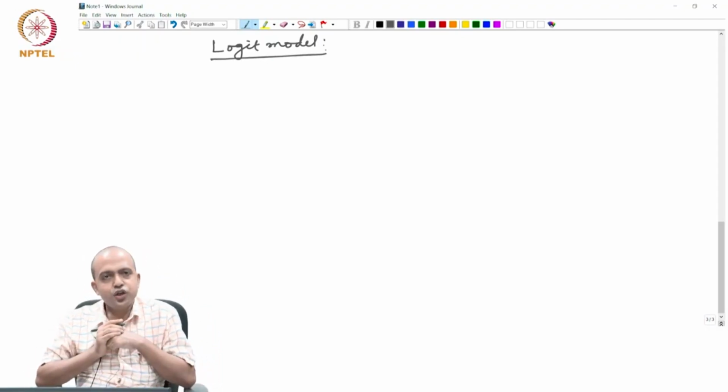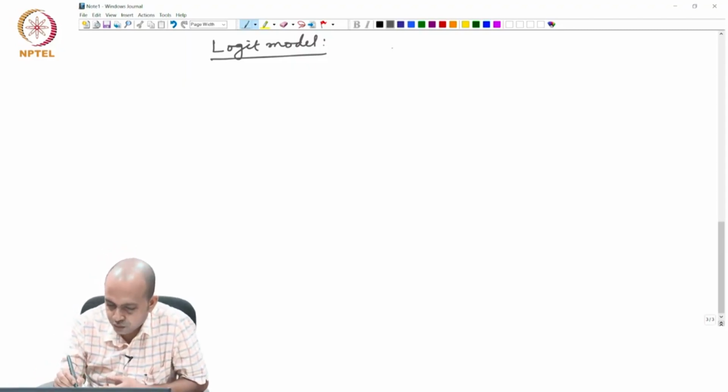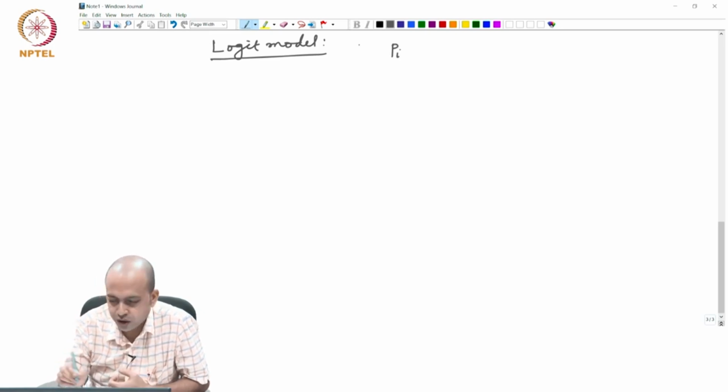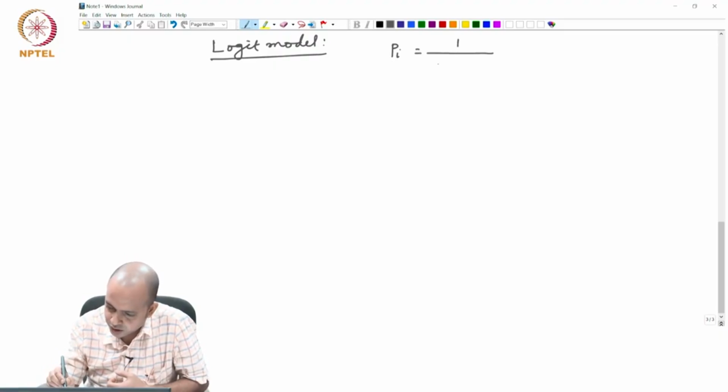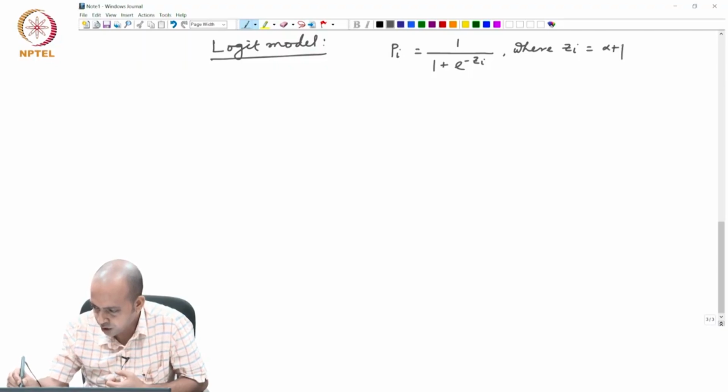So, here instead of assuming probability is a linear function of x, this model assumes that probability pi, which is actually the probability yi takes the value 1, pi equals to 1 by 1 plus e to the power minus zi, where zi equals to alpha plus beta xi.